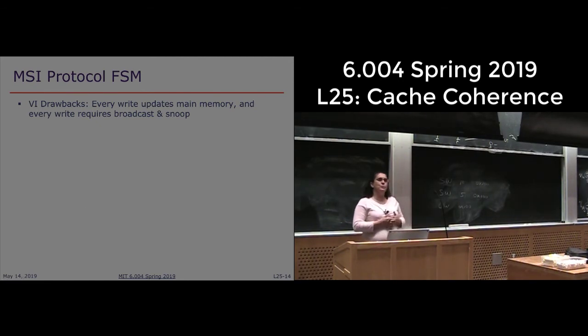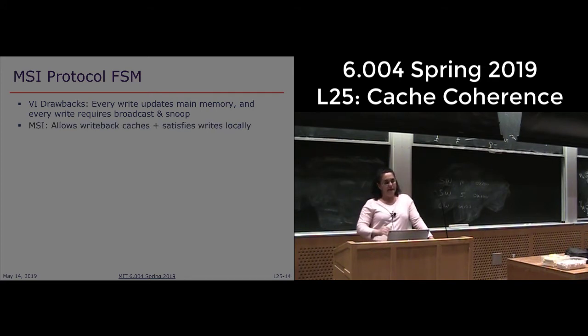So what does this MSI protocol give us that the VI protocol didn't? So recall that in the VI protocol we said that we had to do a write to main memory every single time that I'm doing a write, and I had to do a broadcast and snoop for every single write. Whereas in MSI, now I'm going to be able to support a write back cache. So remind me, what's a write back cache?